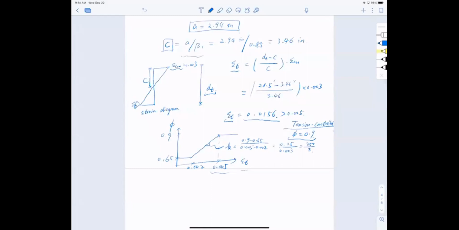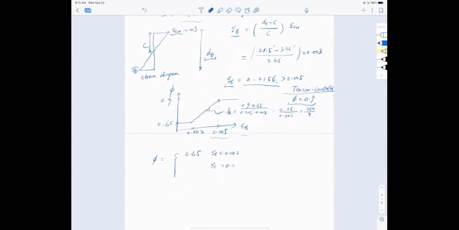So with the slope, what is the equation for phi, right? So immediately I can say that if it's smaller than 0.002, that is 0.65. Now greater than 0.005, it is 0.9. In between, to linearly interpolate it, phi should equal 0.65 plus this k here, which is 250 over 3, multiplied by this number, epsilon t, whatever in the middle, minus 0.002, and then period, done.